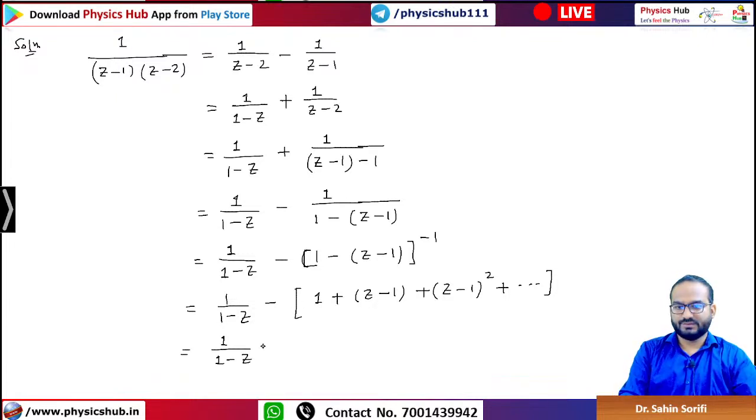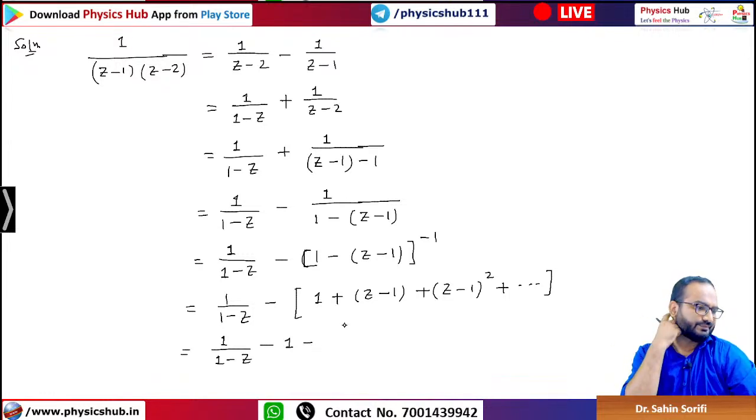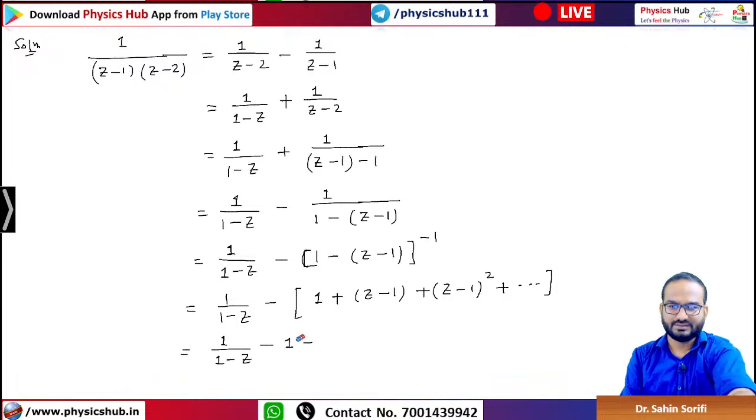So we can do a little bit of simplification. So minus 1 minus, have you done any mistake? Look, this 1 and 1 minus 1, so this is cancelling, so we have minus z, right?